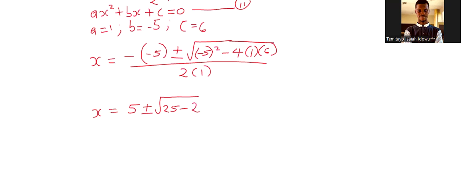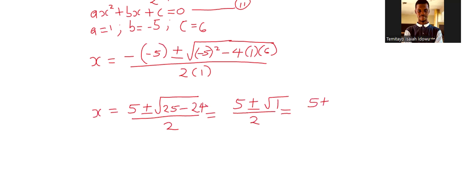Then all over 2, which can further be simplified into 5 plus or minus square root of 1 over 2. And we know that the square root of 1 is 1. So we have 5 plus or minus 1 over 2.